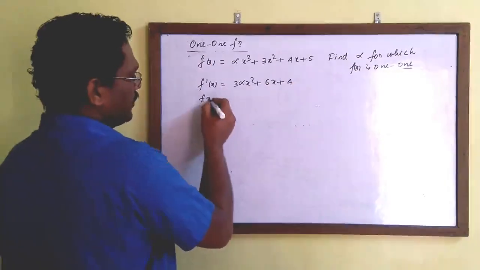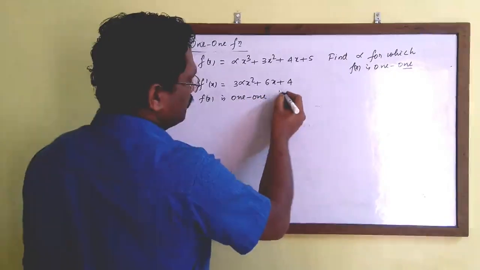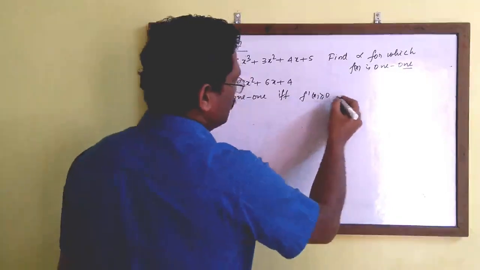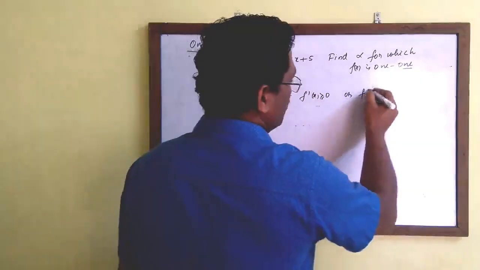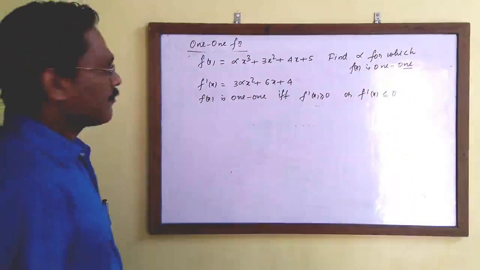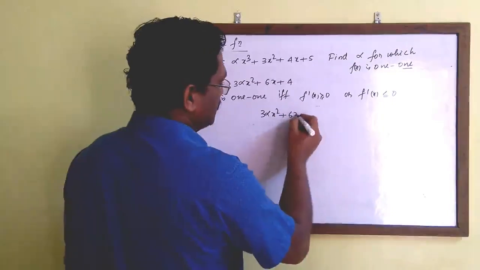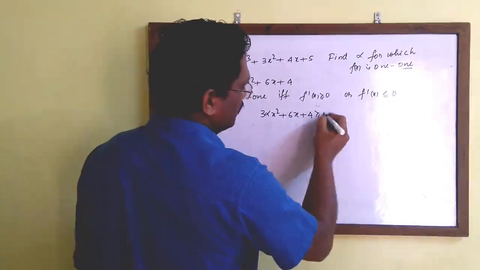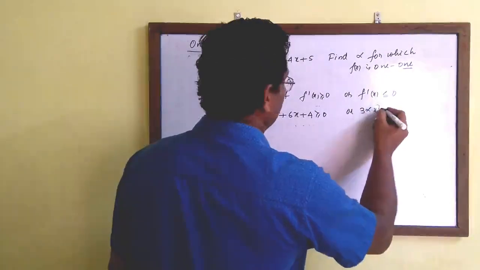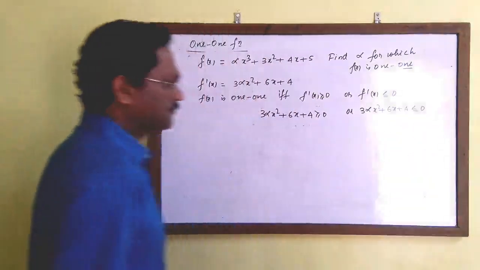Now f(x) is 1-1 if and only if f dash x is greater than equal to 0 or f dash x is less than equal to 0. See, that's what I can say. So 3 alpha x square plus 6x plus 4 is greater than equal to 0 or 3 alpha x square plus 6x plus 4 is less than equal to 0.